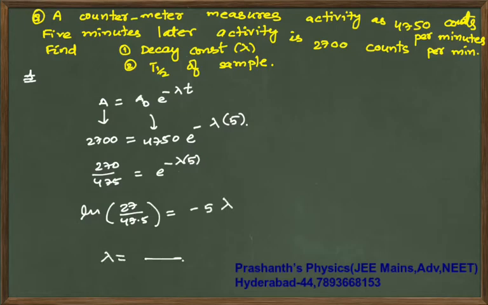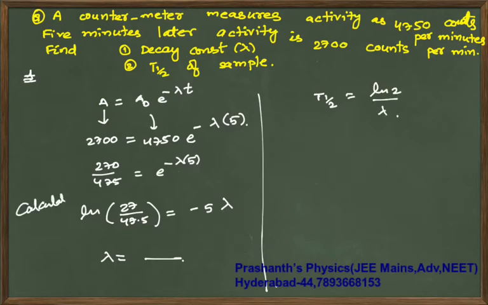From here get the value of lambda. You have to use a calculator, but no issues. Once you get this lambda, t half is ln 2 by lambda. Here, a calculator, or else you have to simplify. But my advice is you have to use a calculator only, no other choice.